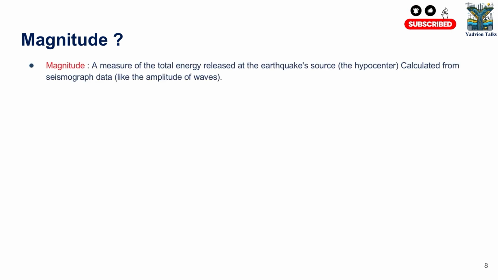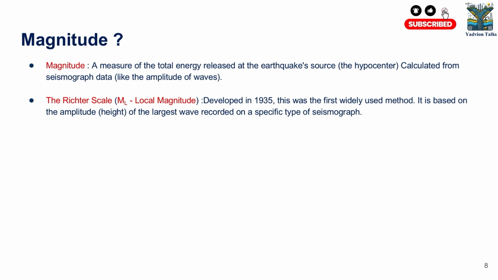The magnitude. You often hear about magnitude. What is magnitude? Magnitude is a measure of the total energy released at the earthquake source, calculated from seismograph data. It is measured in two scales. The Richter scale was developed in 1935, the first widely used method.